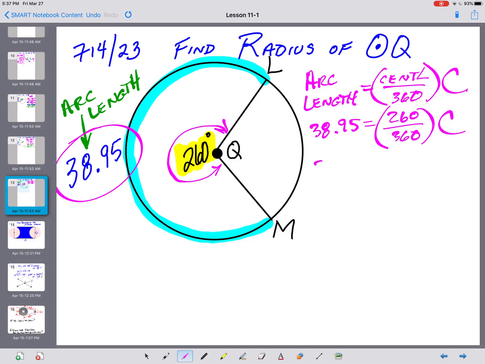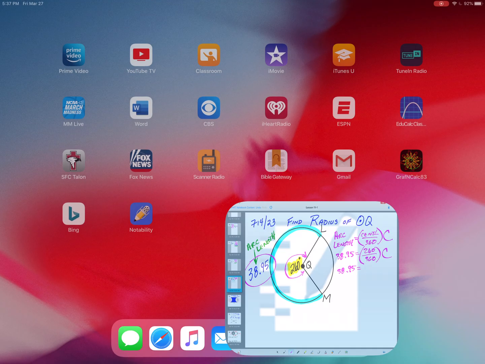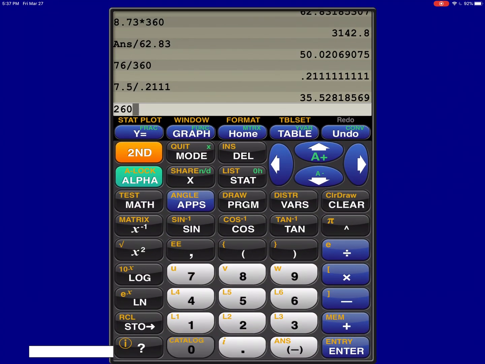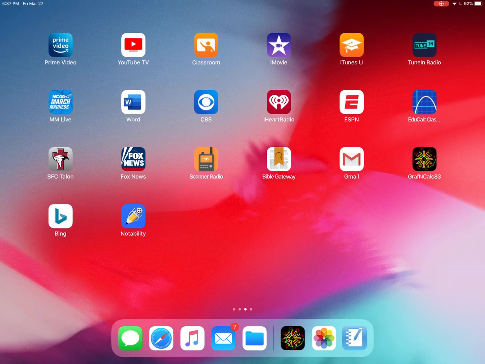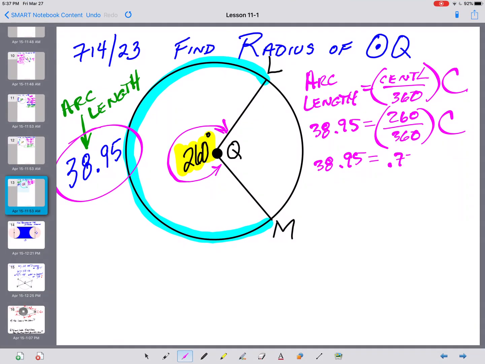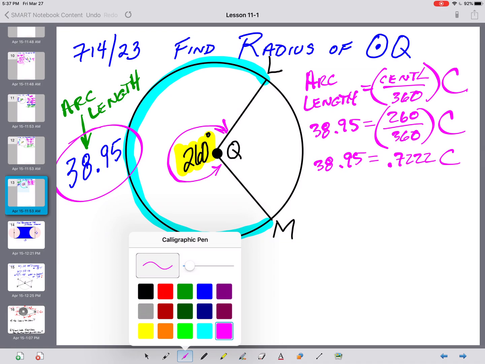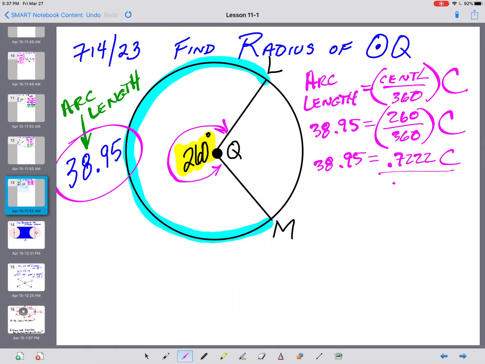So here we go. 38.95 equals 260 over 360. 260 divided by 360. There it is, 0.7222. Okay, let's divide now. 0.7222 on that side.